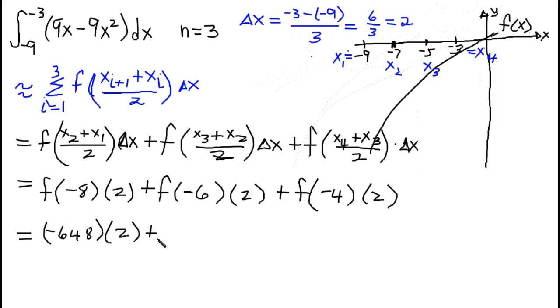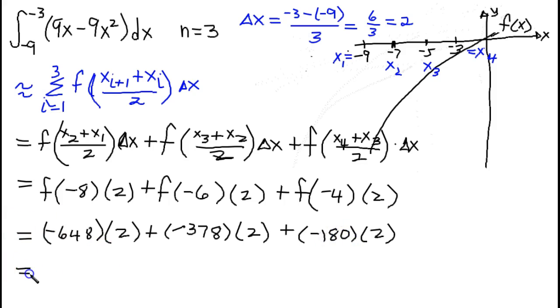Plus f of negative 6: we take negative 6 and plug it into our function, which gives us negative 378 times 2. For f of negative 4, I take negative 4 and plug it into our function, which gives me negative 180 times 2. When we multiply and add these all together, we end up with negative 2,412.